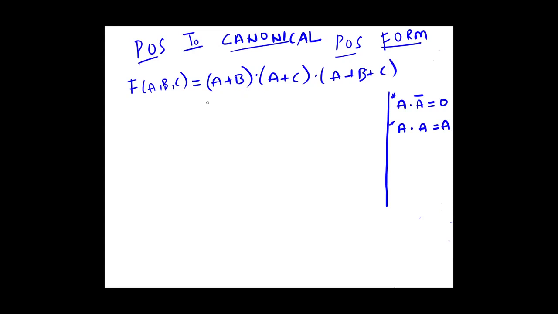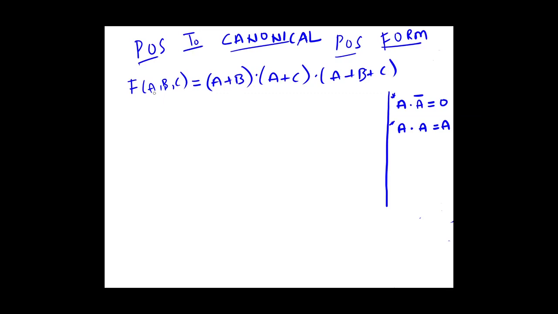So first, here we have A plus B. We already know that to convert to canonical POS form, this is one max term. So in this one max term, which term is missing? There is A, there is B, there is C. First, we should identify whether this is a 3 variable or 4 variable expression.